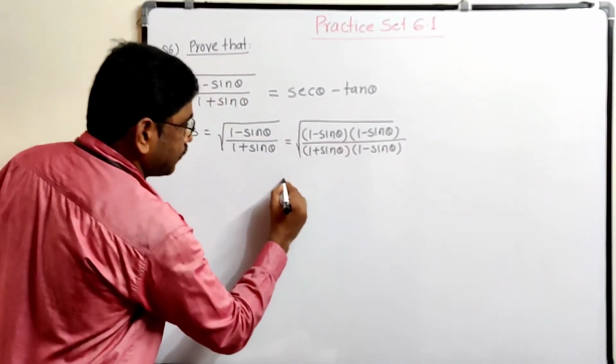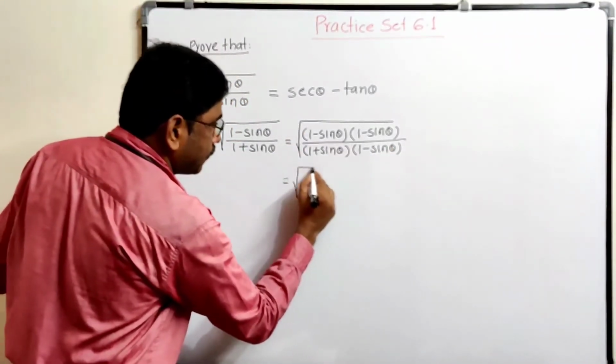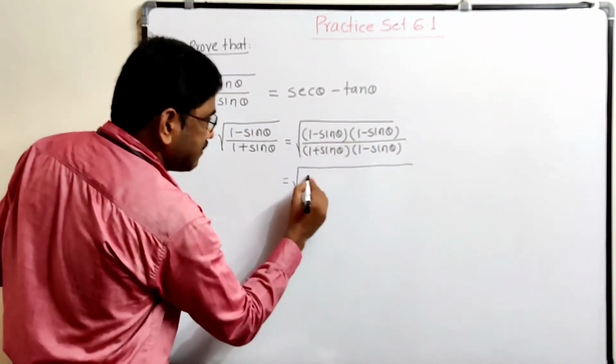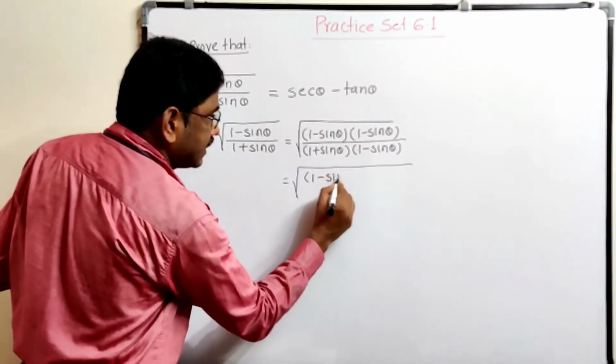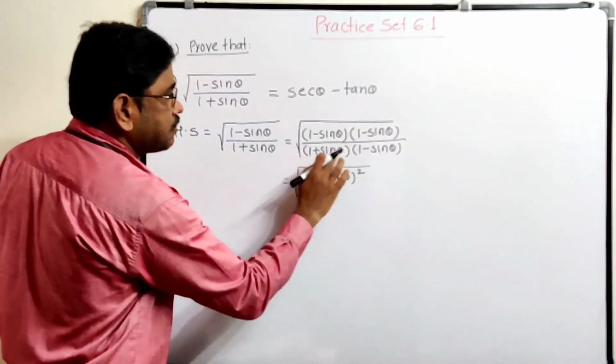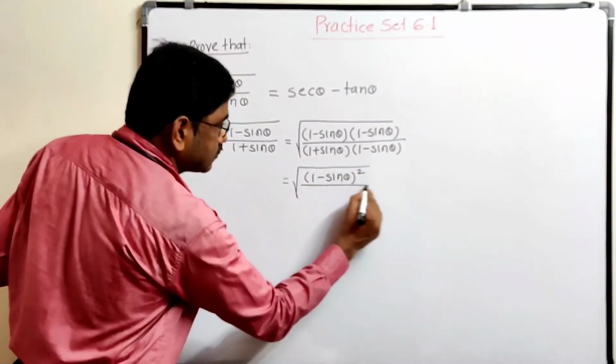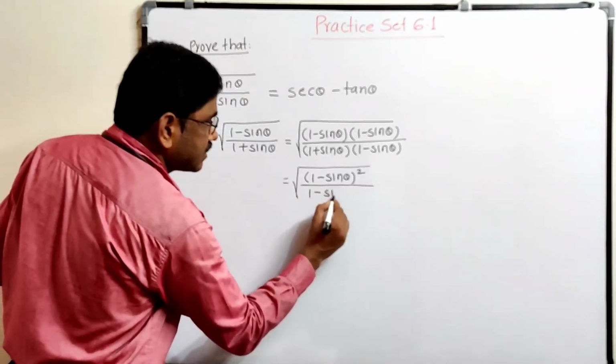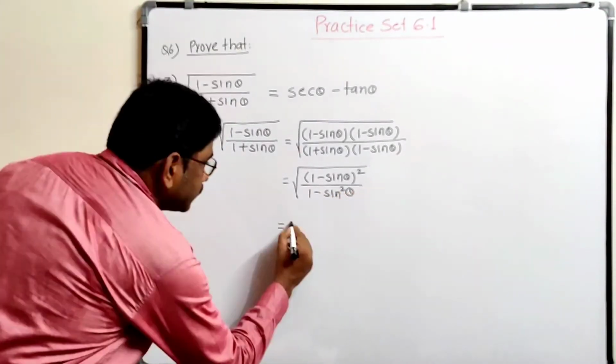So this becomes root of, both the brackets are same, means 1 minus sin theta bracket square, and the denominator becomes a plus b, a minus b, that is 1 minus sin square theta.